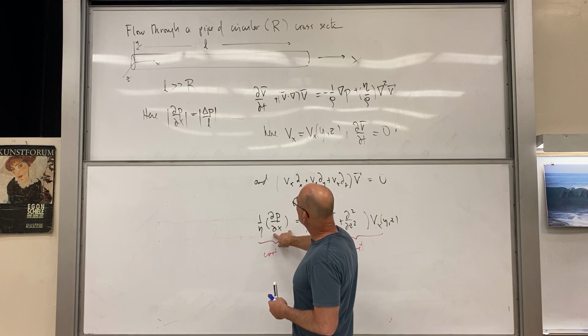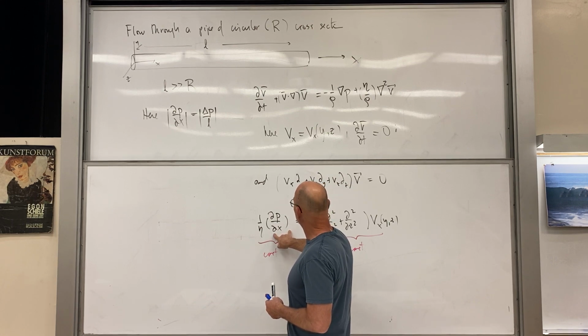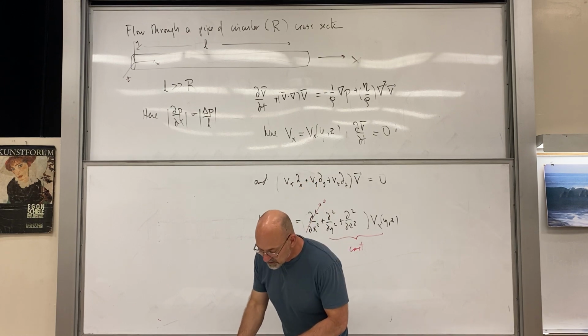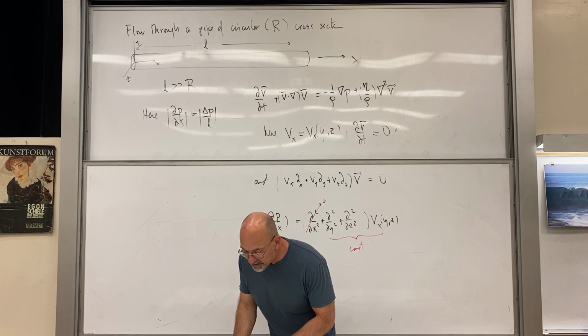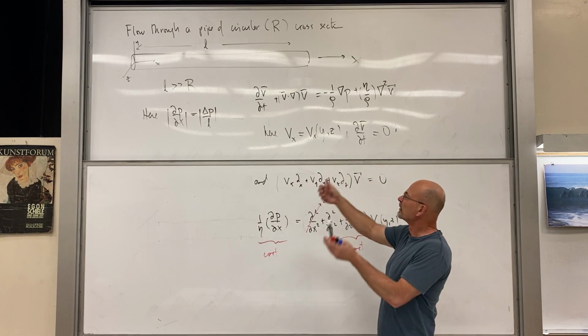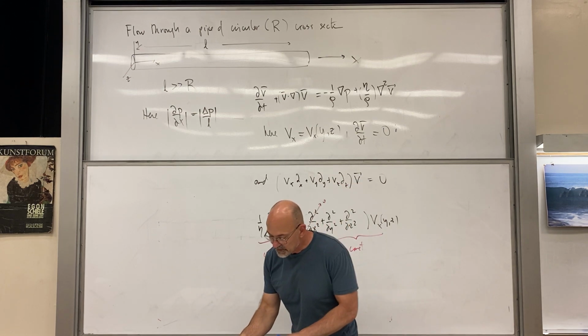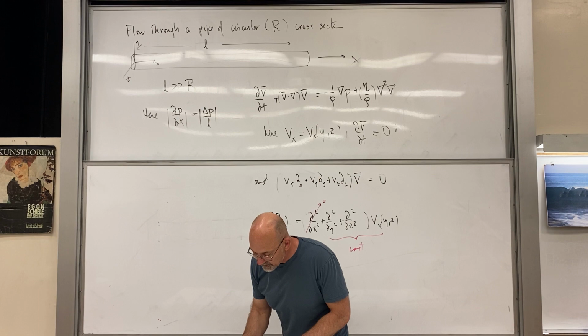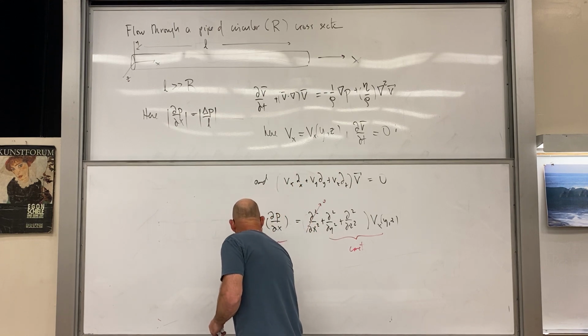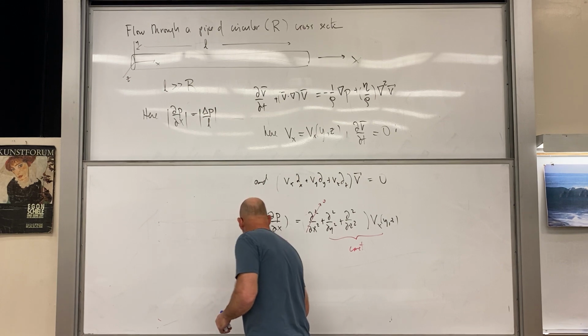So dp dx, we need a minus sign here. I wonder why I have a minus sign. I think I'm taking the pressure greater on the left, less on the right, so it's flowing out the right. So now I'm writing minus delta P over L. That's my gradient.